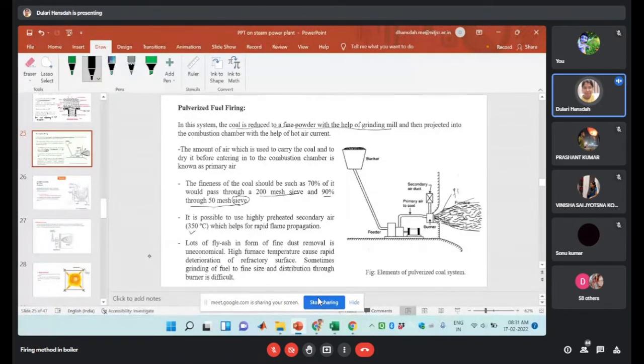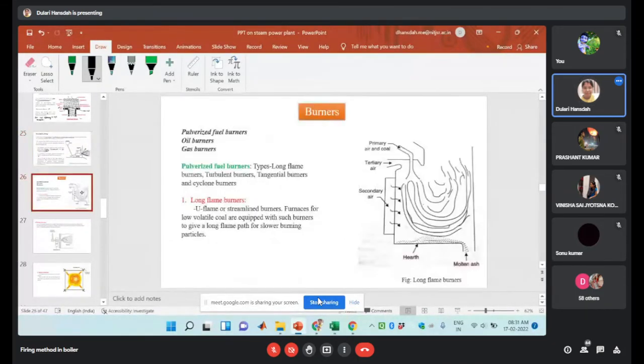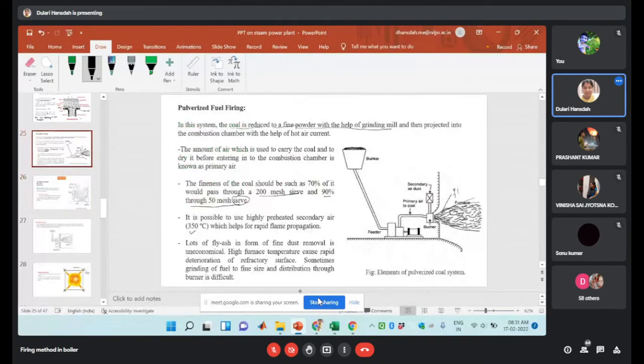Under this, we can use many fuel handling systems.